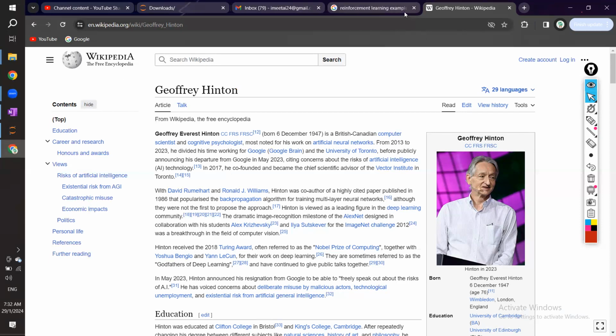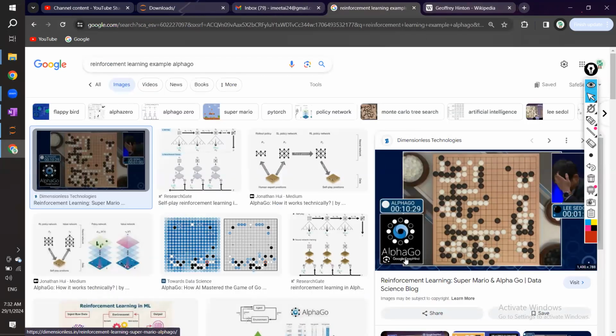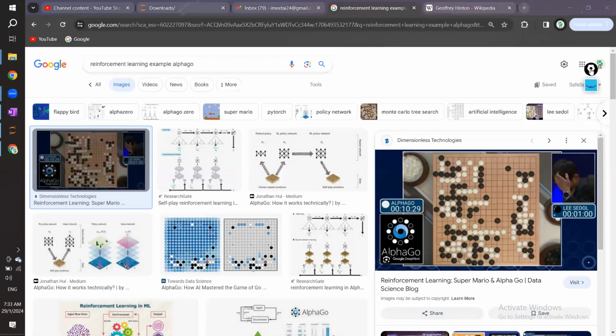Coming back, once they trained this reinforcement learning model on AlphaGo, it defeated the world champion three times in a row.